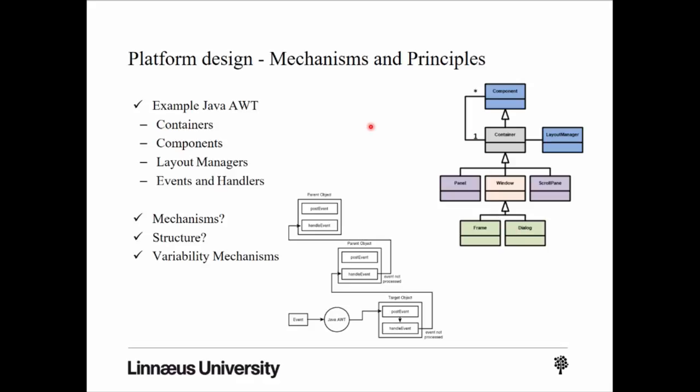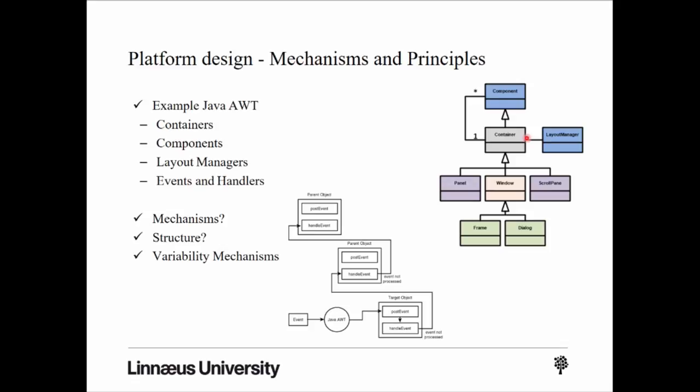And parallel to this static structure, the AWT has a message system with events and handlers. So these components here emit events depending upon what happens. And then you can have handlers that take care of these events.